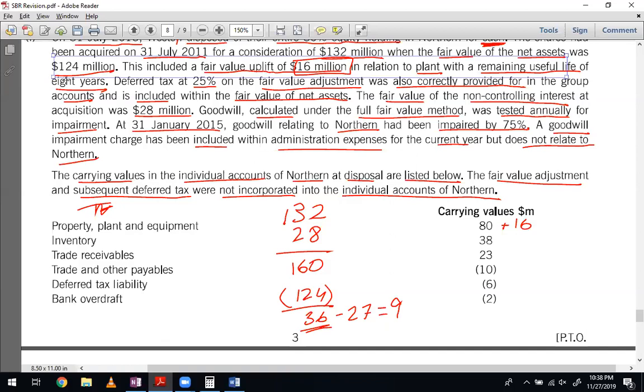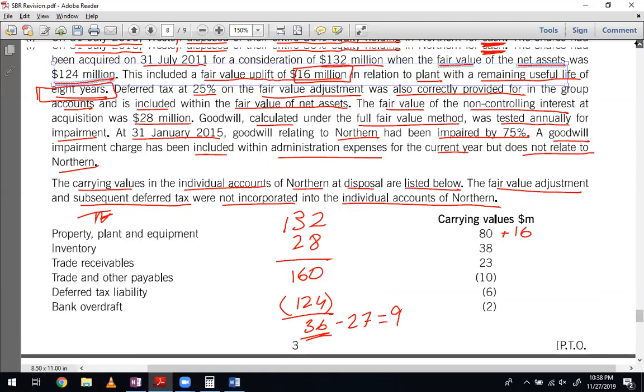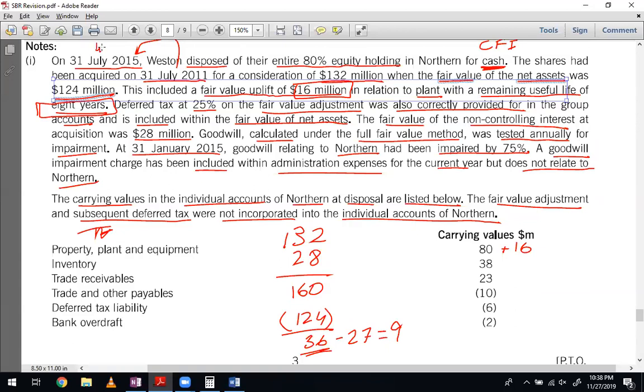But because this also had a life of 8 years, we should also be depreciating that by 2 million every year. And we are selling off the subsidiary after how many years? 4 years from the acquisition. So we should be deducting 2 million depreciation for 4 years from this. So we will get a value of 88 of the property.